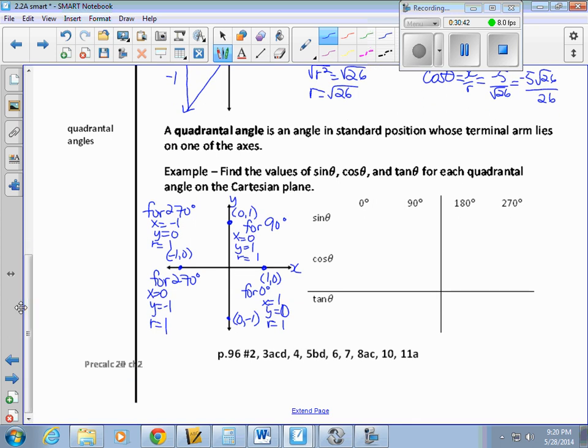Okay, so we're going to put in some lines here if it'll let us.